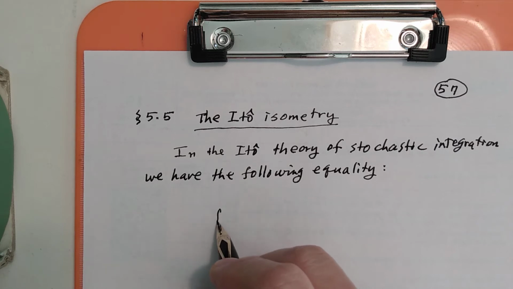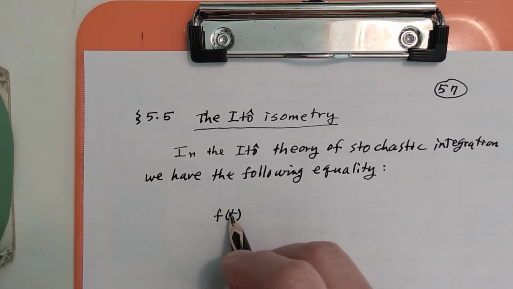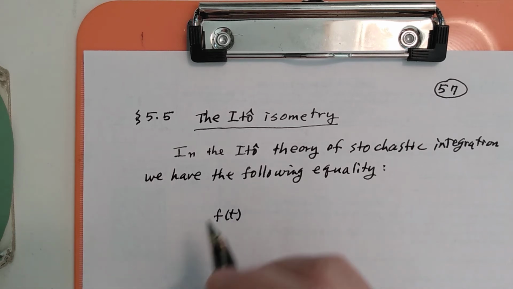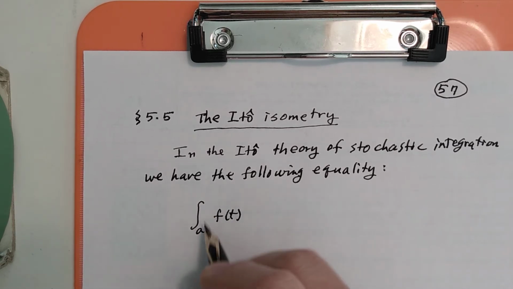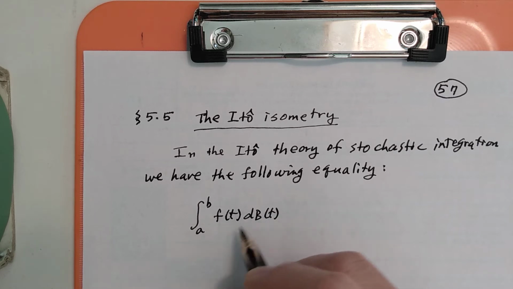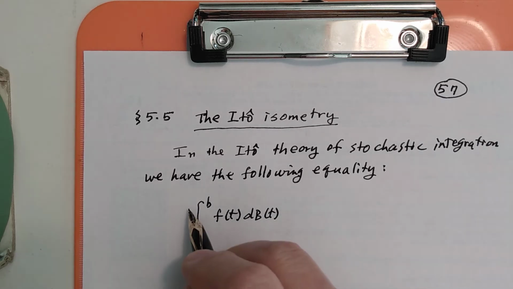Suppose f_t is an adapted stochastic process, and we integrate from a to b of f_t dB_t. This is the Ito integral.